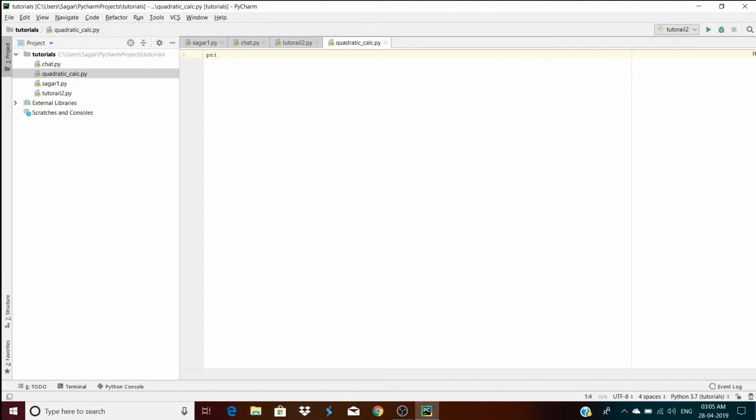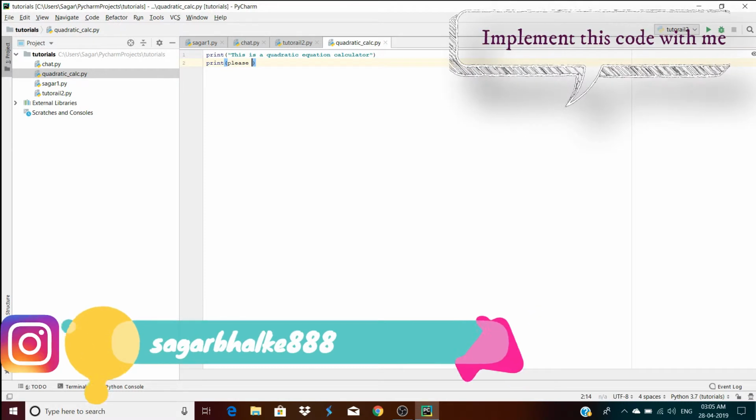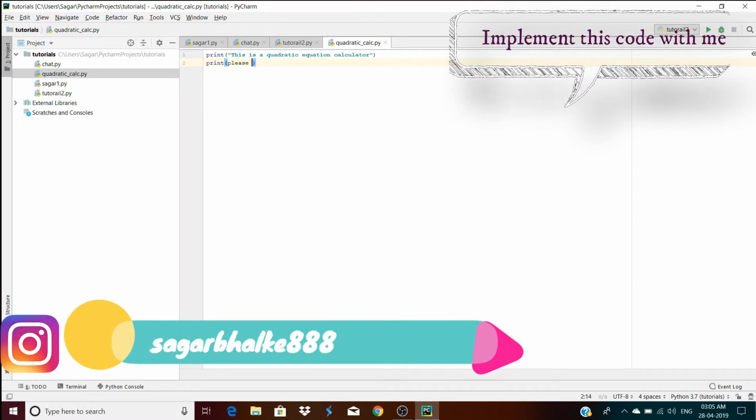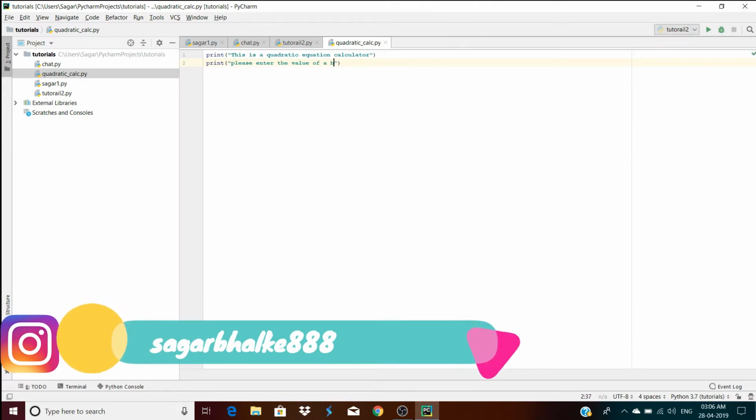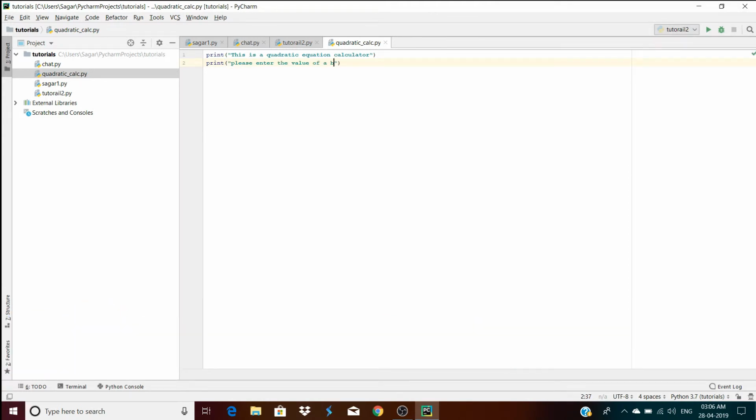We would print: welcome, this is a quadratic equation calculator. Please enter the value of A, B, and C to calculate the roots.